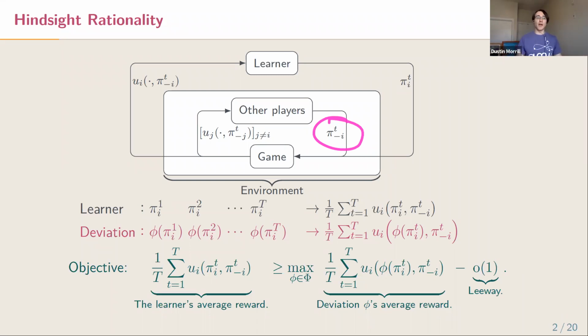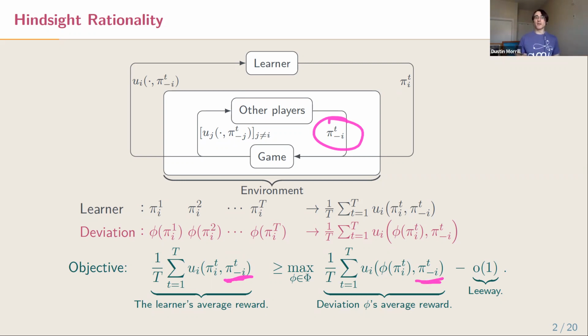According to all of the behavior that the other players made, which might be changing over time, we're going to ensure that we wouldn't have wanted to do something else in that same amount of time.